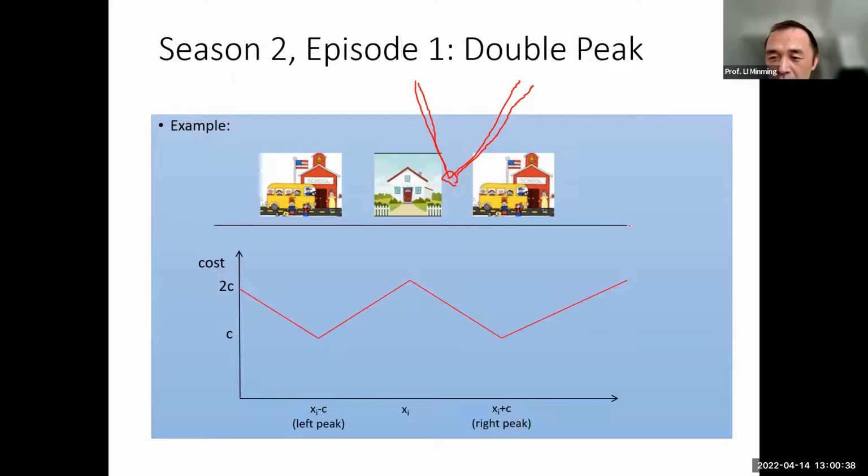Of course, I need to answer Xinran's question about weight. Weight will affect the shape. If you have higher weight, it becomes very steep. If you have lower weight, it becomes flat. But it's still monotone. Now, double peak.